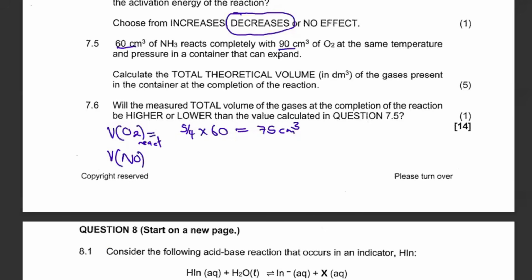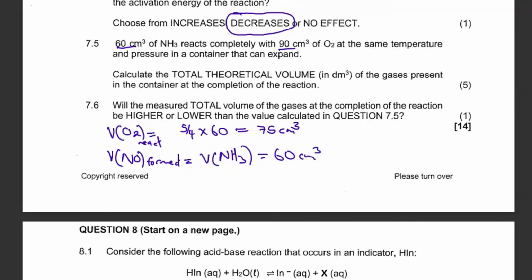So the volume of NO that is actually formed is equivalent to the volume of NH3, which is equivalent to 60, according to the information that you're given there.